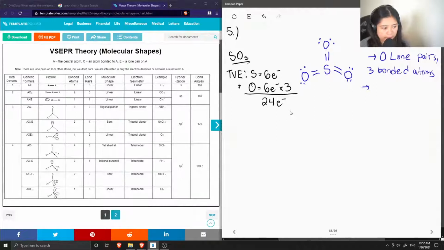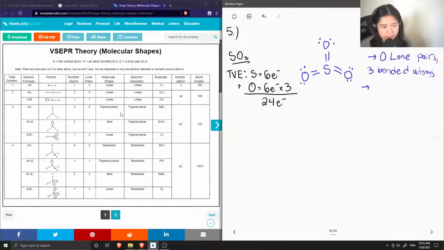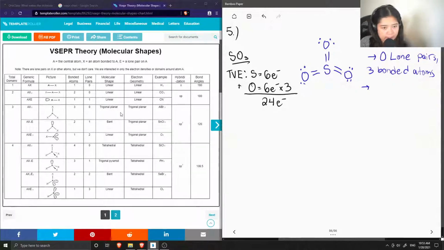Using our VSEPR chart, this corresponds to a trigonal planar molecular shape and electron geometry. So I'm just going to write trigonal planar. And you can see that this molecule is also symmetrical.